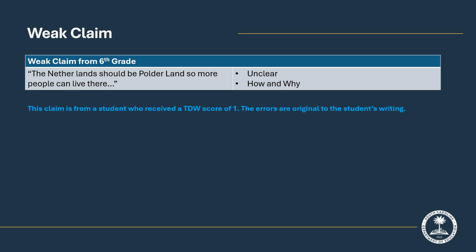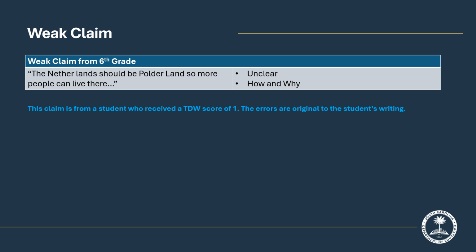Now let's look at a weak claim. This student received a TDW score of 1. You can view the full response and scoring justification in the 6th grade TDW sampler. In this task, the student is asked to take a position on the topic and make a claim.